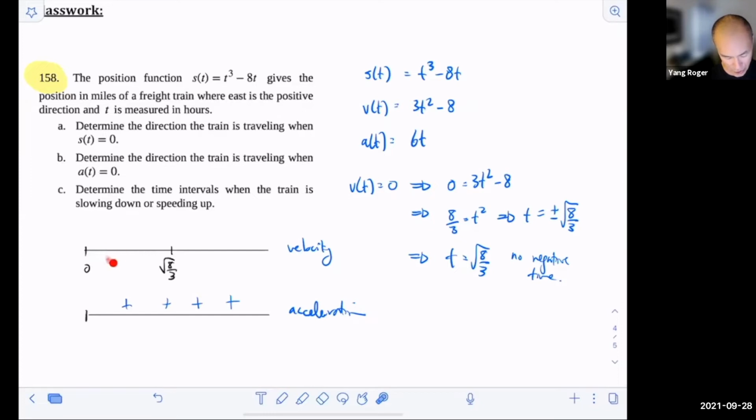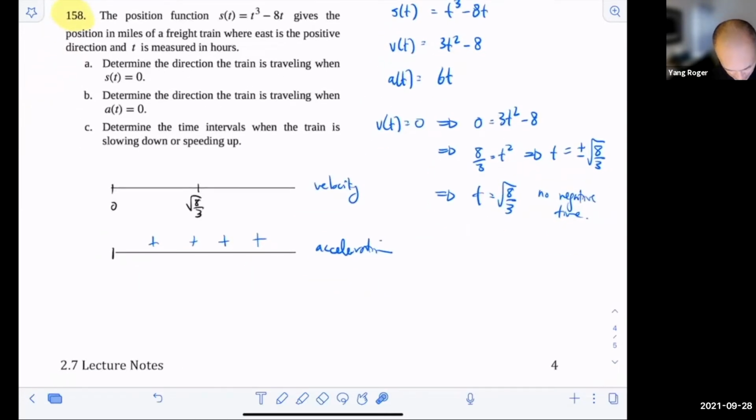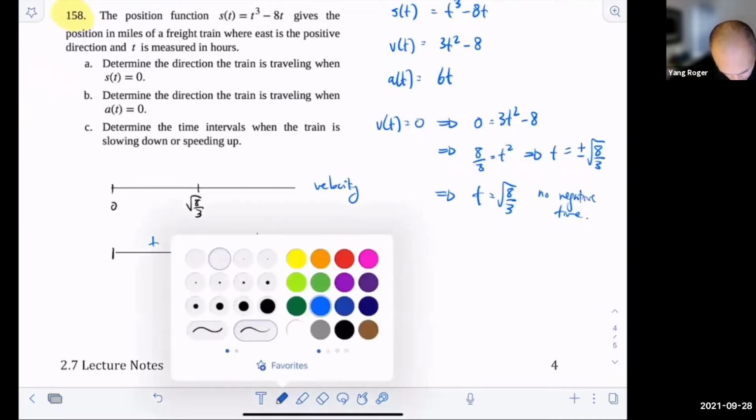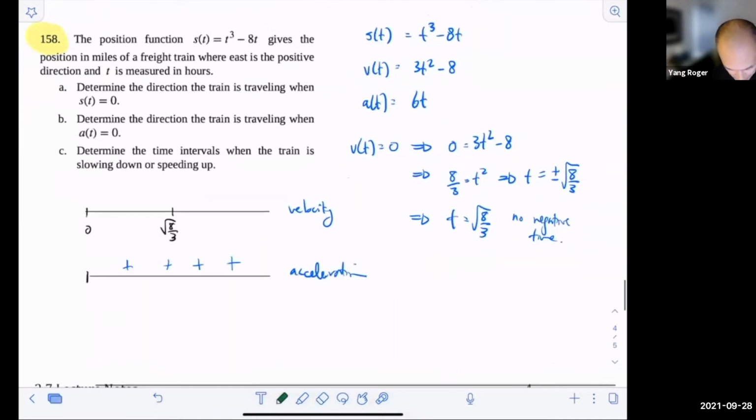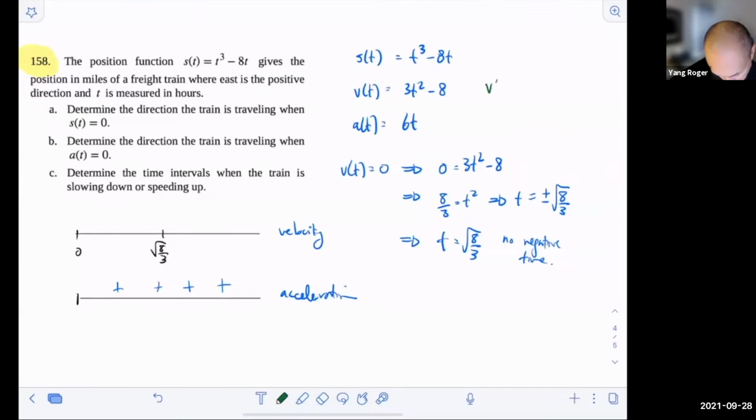Maybe we could choose something like 1/2. I think rad 8/3 is bigger than 1/2. So let's try plugging in a 1/2. So when I take v of 1/2, what am I going to get?